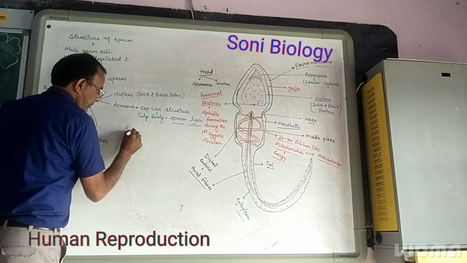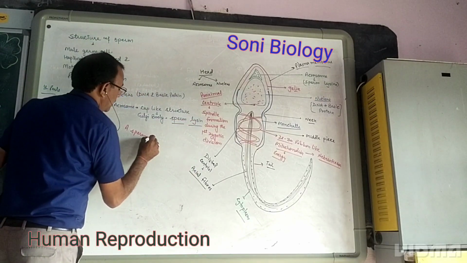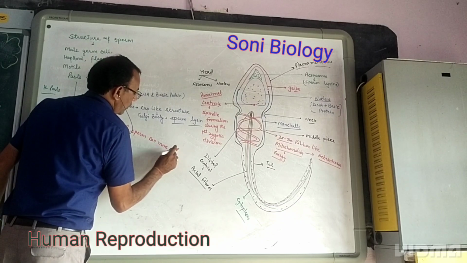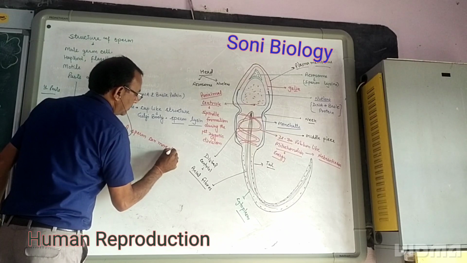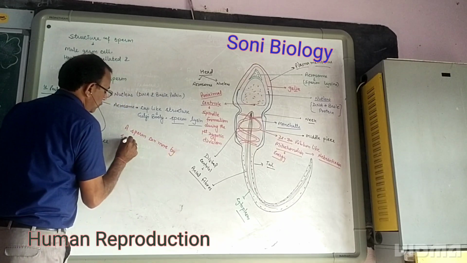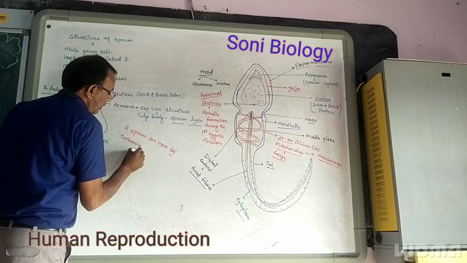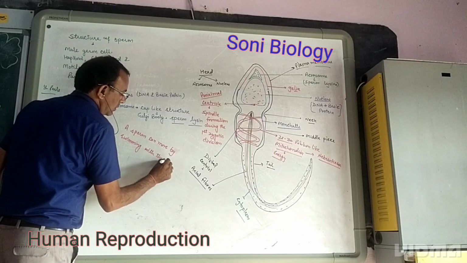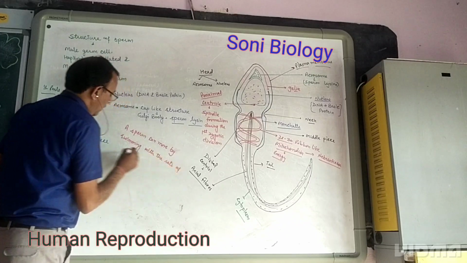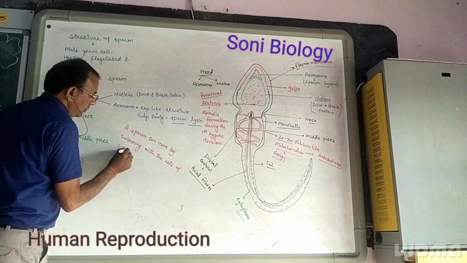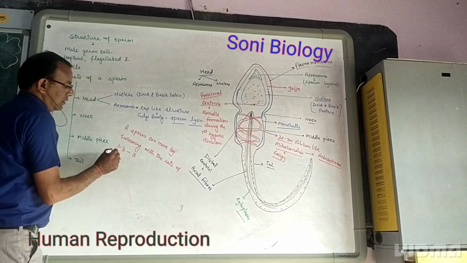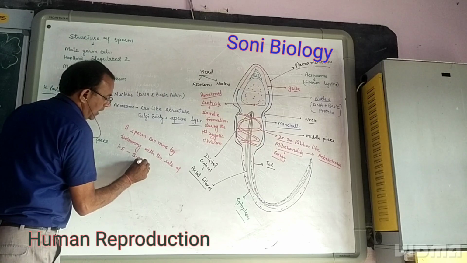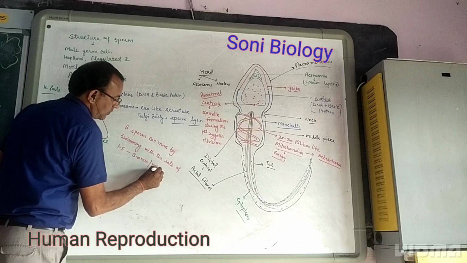A sperm can move by swimming at a rate of 1.5 to 3 millimeter per minute.